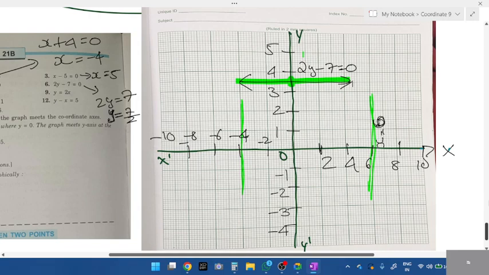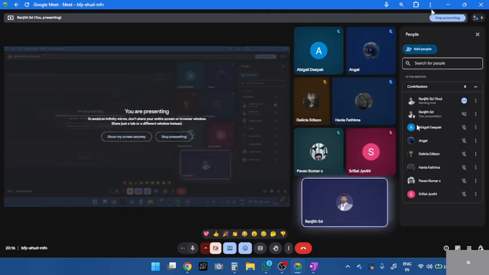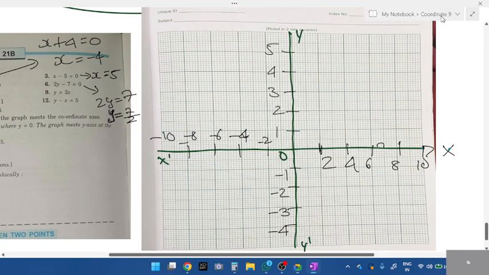Completed? All of you are done? Yes, respond students, did you all complete the graph? If you have done it, unmute and respond.